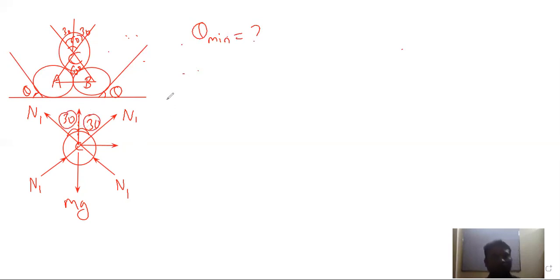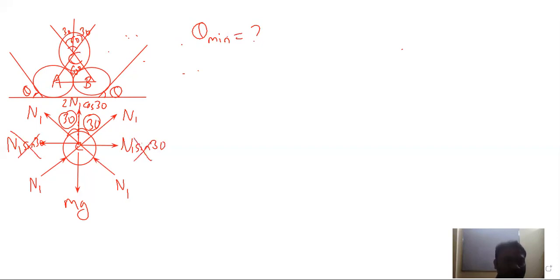Okay. Now after this, let us take the components. This will be N1 cos 30 for each N1. So 2 times N1 cos 30, because we have 2 N1s here. This is the vertical component. And the N1 sin 30 here and N1 sin 30 here will cancel out.